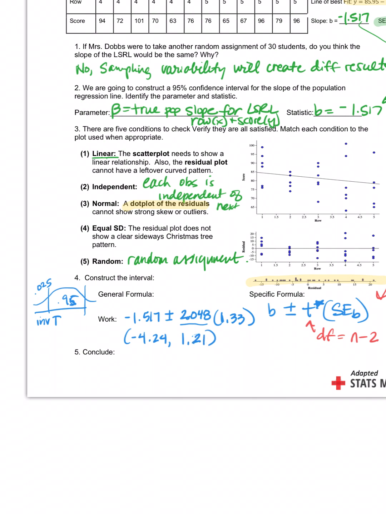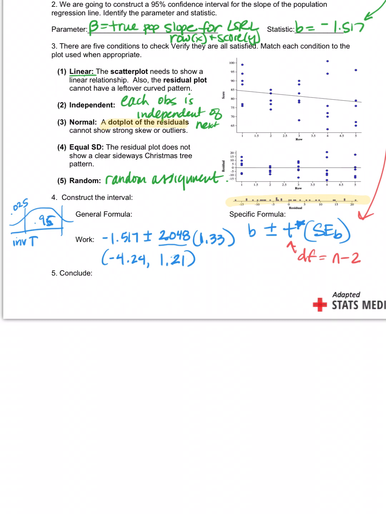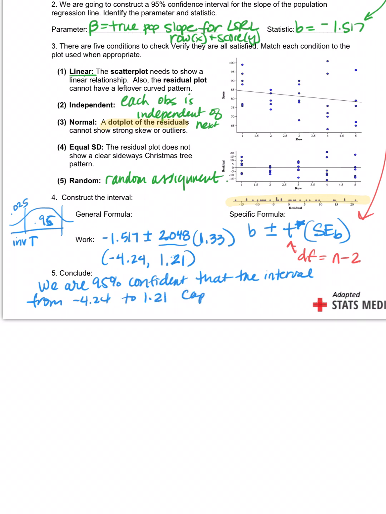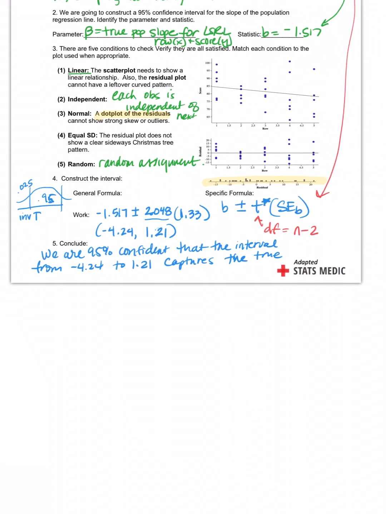All right. Now's your favorite part. How do we conclude an interval? Yep, here we go. We are 95% confident that the interval from -4.24 to 1.21 captures what? The true... What are we trying to estimate here?